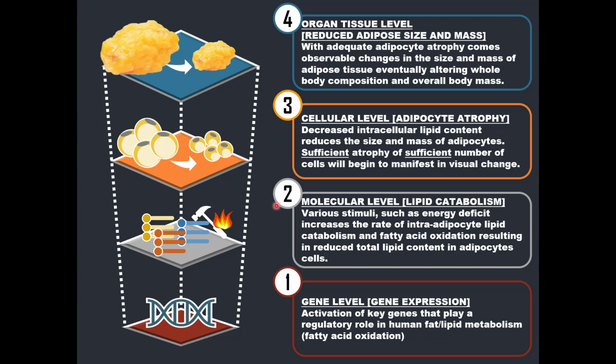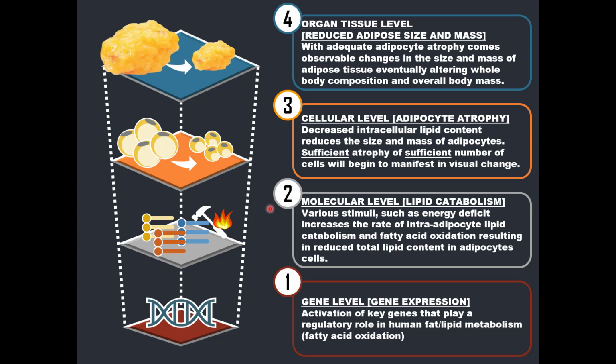They are catabolized, and then they are mobilized to various cells in the body. And then those cells oxidize those fat molecules for its energy needs. And then those fat molecules are converted to H2O and CO2 and eventually expelled from the body. Over time, as this continues to happen under an energy deficit, the cells, in particular adipose cells, start to change.